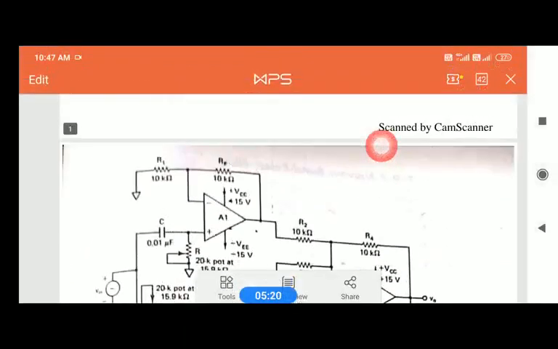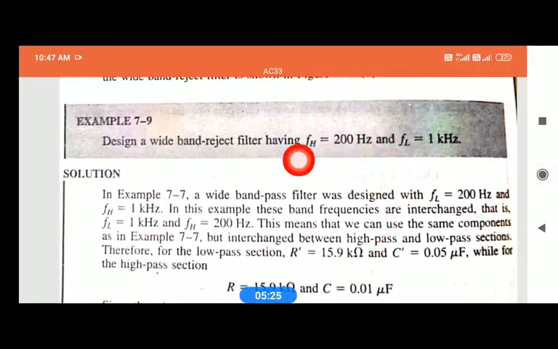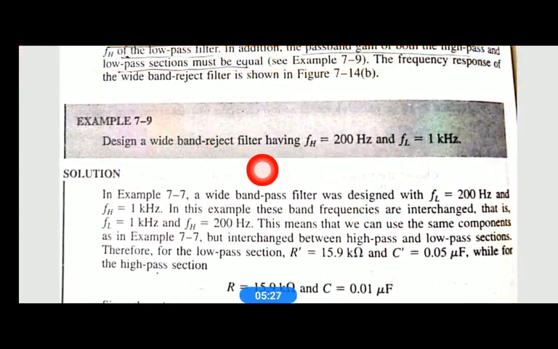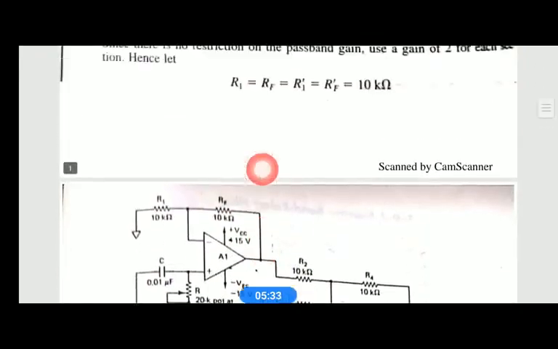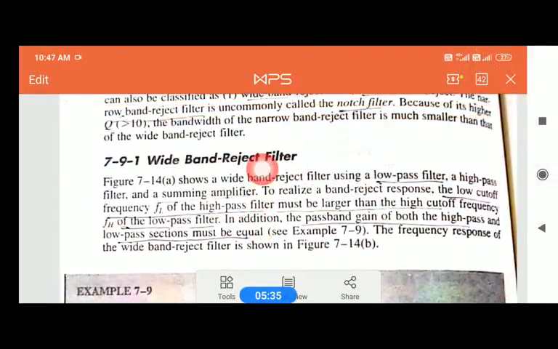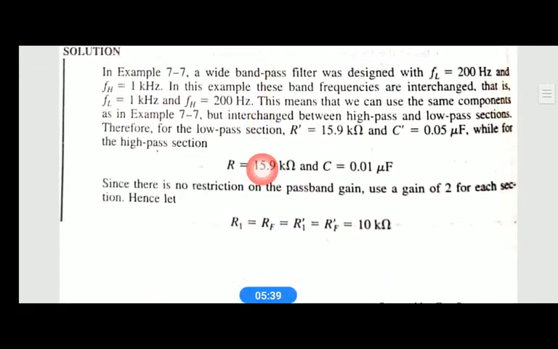So let's see an example here, a design example, right? So to design a wide band reject filter, see this is actually what we are discussing. This circuit is what is called a wide band reject filter. So here also, in a band reject filter we have two types of filter.